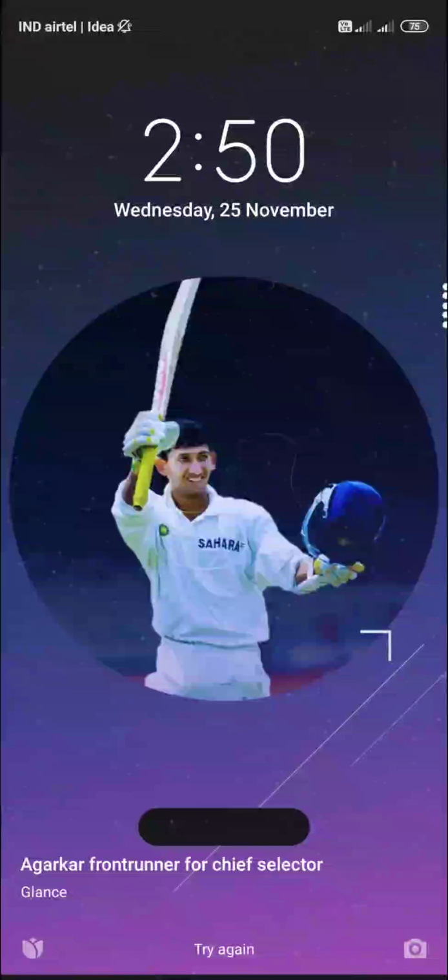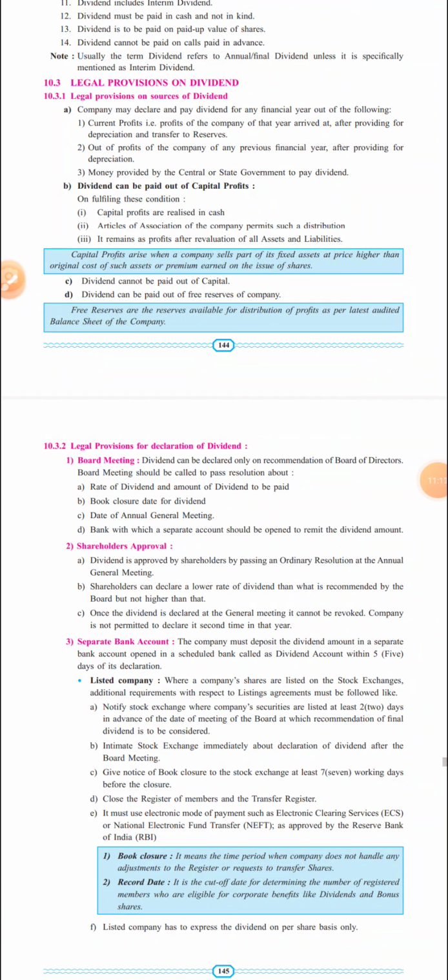Next, bank. A separate account, that is dividend account, is to be opened in a scheduled bank for remittance, in other words payment of dividend.